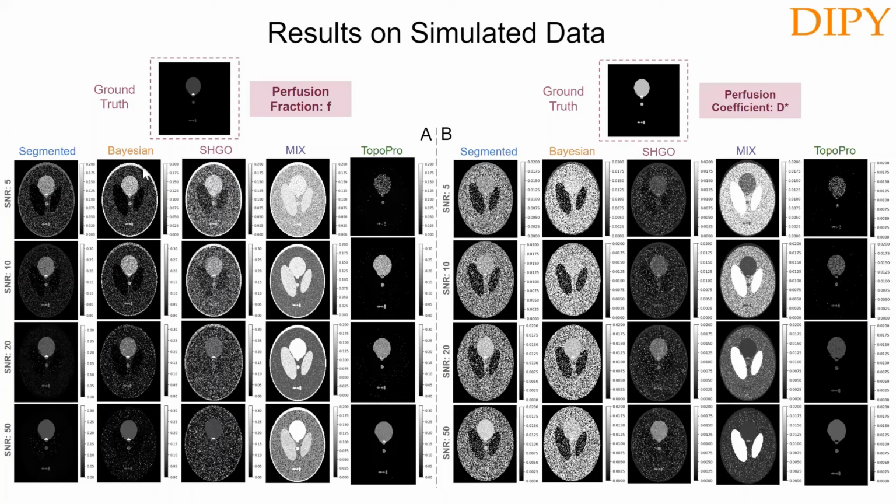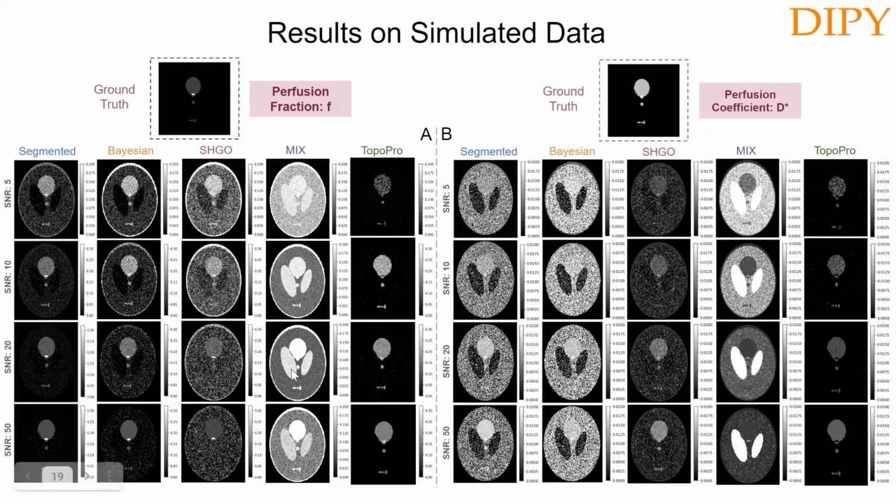So this is the ground truth of what we are trying to estimate, the perfusion fraction F, and this is the perfusion coefficient. You can see that using TopoPro, as the SNR increases, so we have SNR 5, 10, 20, and 50, it is quite noise tolerant, and you get closer to ground truth as the SNR increases.